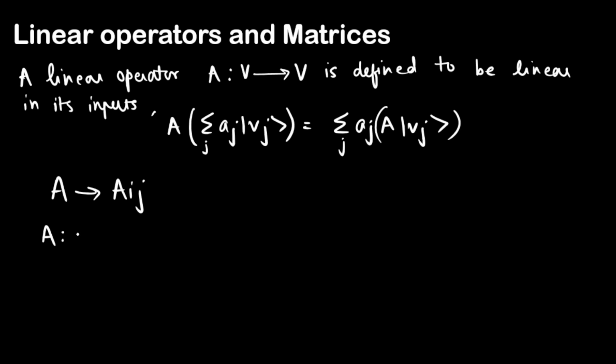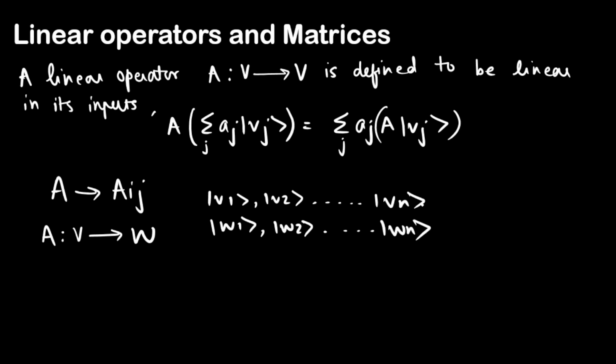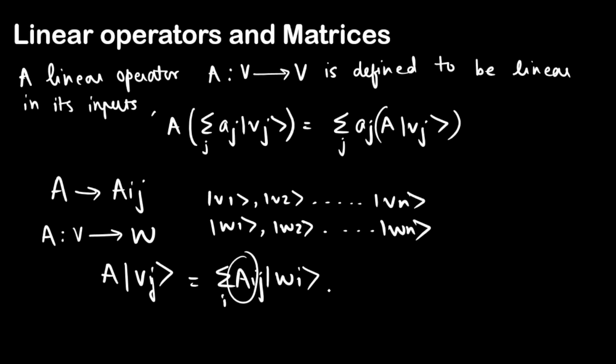Suppose A is an operator which maps from V to W vector space, where V1, V2 till Vn and W1, W2 till Wm are the bases of these two vector spaces, which implies A operating on Vj will be equal to summation over i of A_ij Wi, for all i from 1 to m and for all j from 1 to n, where we know A_ij are the entries of the matrix representing the operator A. You can click on the I tab to watch the matrix representation of different operators video.